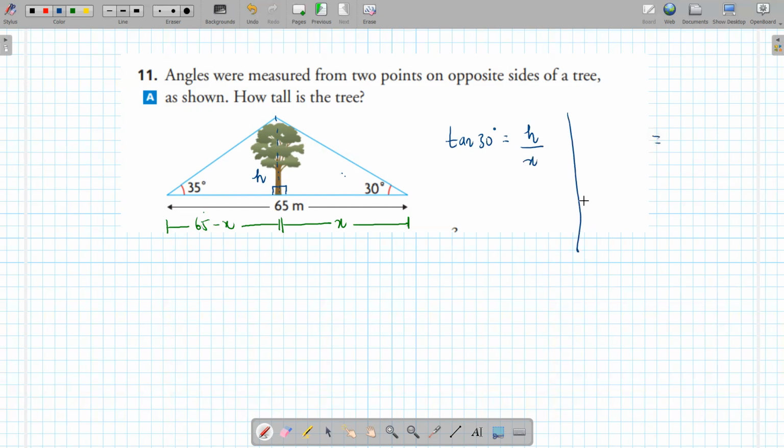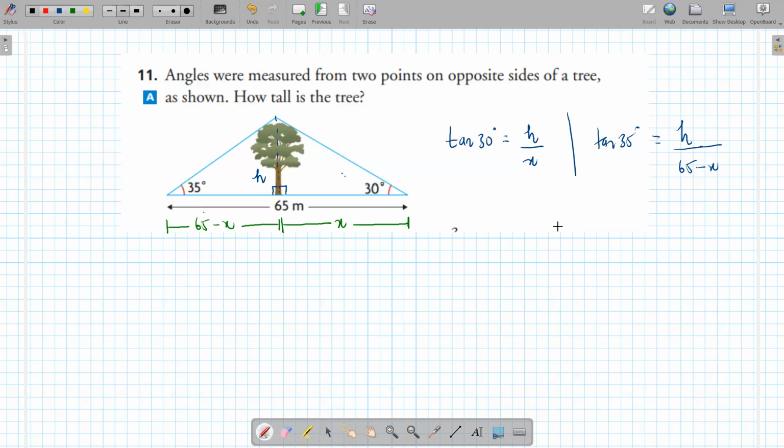What about on the left triangle? What's the ratio? It's going to be tan 35 is equal to what? The opposite, H, over the adjacent, 65 minus X. Right, so it's going to be H over 65 minus X. Now we have two different equations.